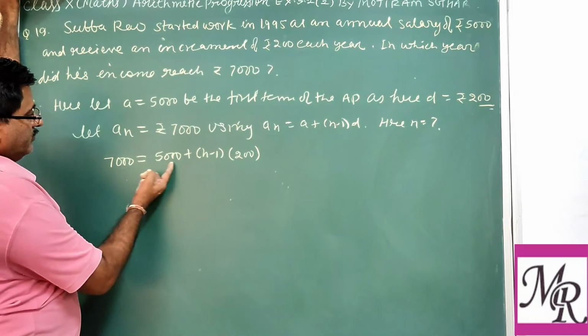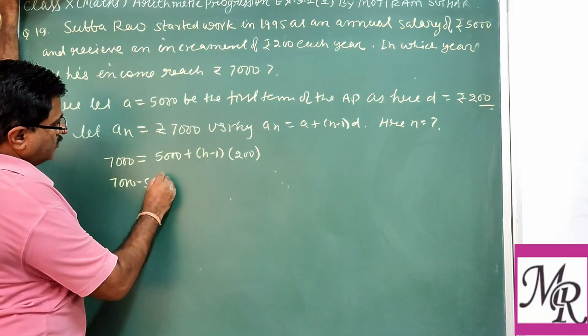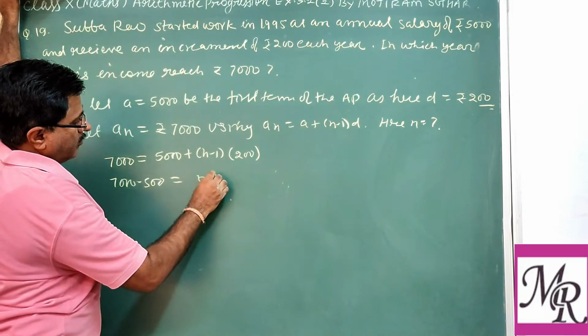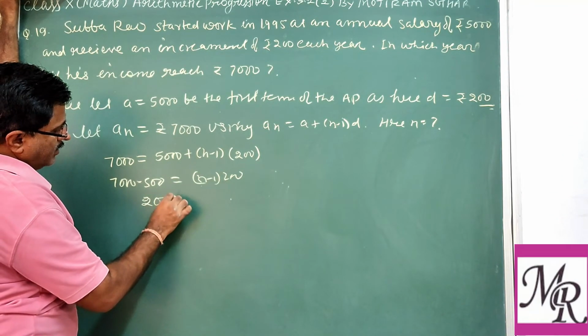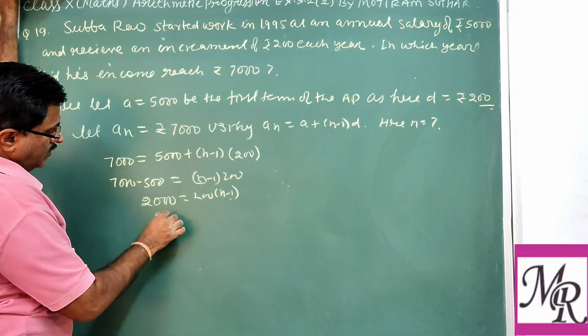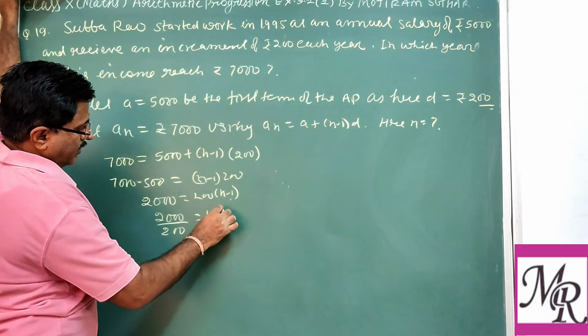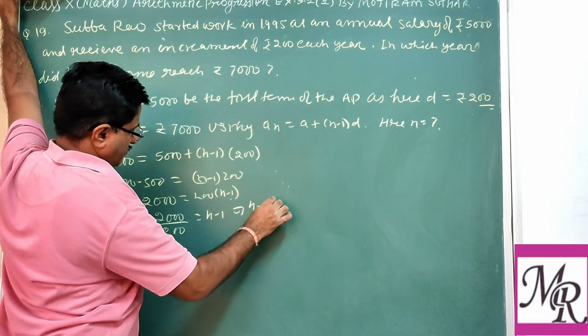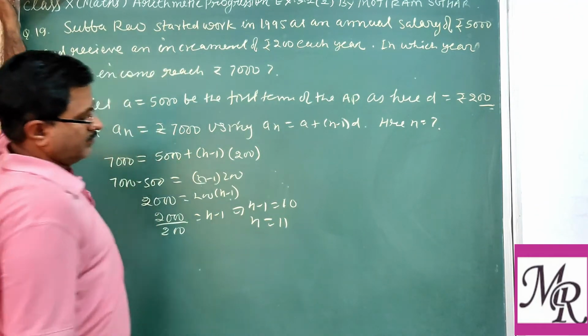So now 7,000 minus 5,000 equal to n minus 1 into 200. So this is 2,000 equal to 200 into n minus 1. So 2,000 divided by 200, that is n minus 1. So we get n minus 1 equal to 10, or n equal to 11.